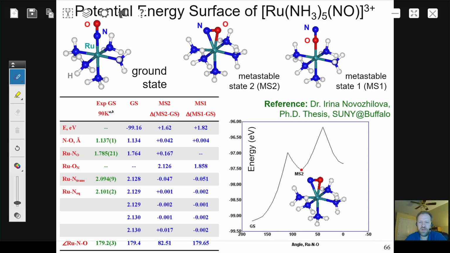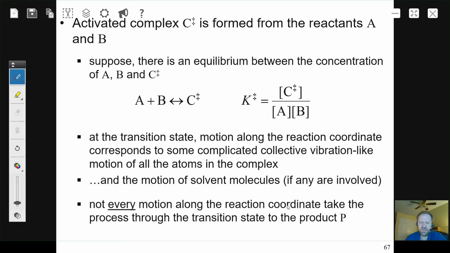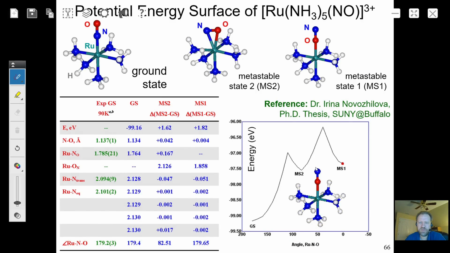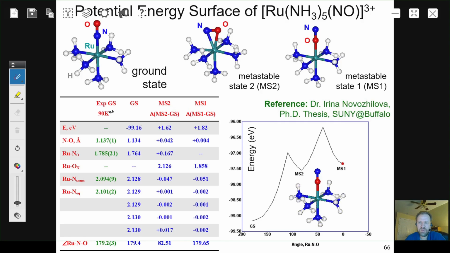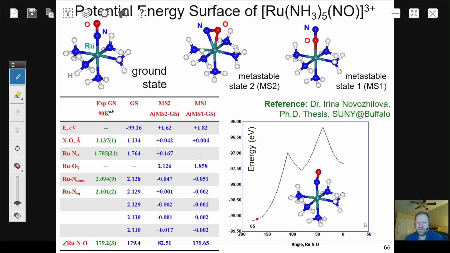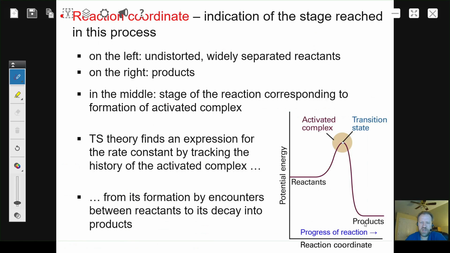And again, you can see how the molecule distorts. Unfortunately, I don't think I can stop it. Again, you can see how the ruthenium, nitrogen, oxygen angle is changed.